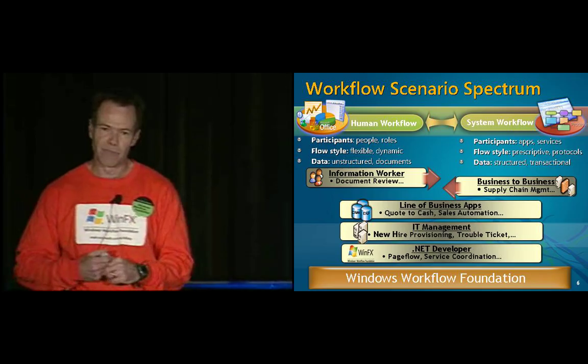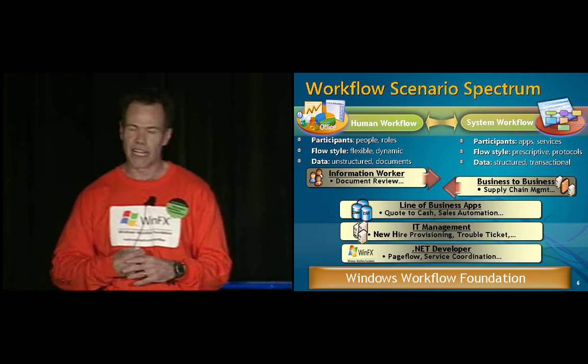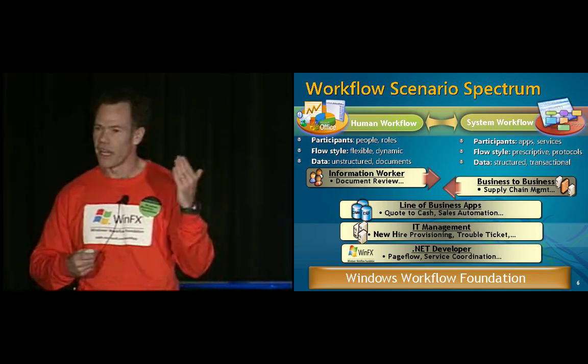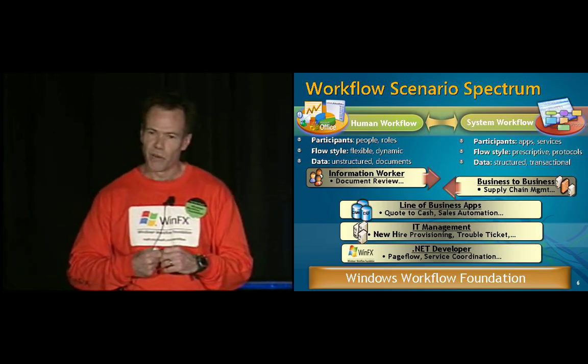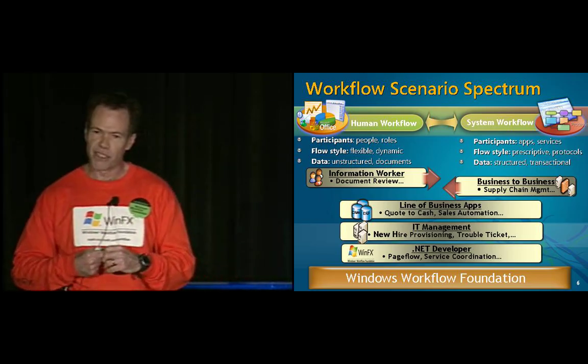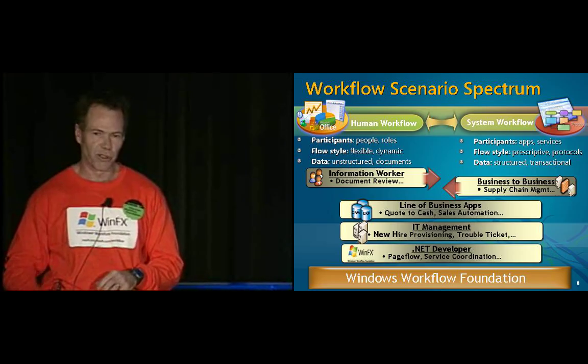Another example could be something more BizTalk-centric, a business-to-business communication protocol for a supply chain, for example. That may be a good example of a system workflow where I have, say, web services communicating with each other, coordinated or orchestrated by a workflow.